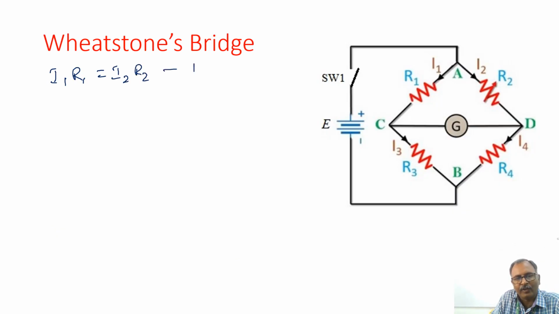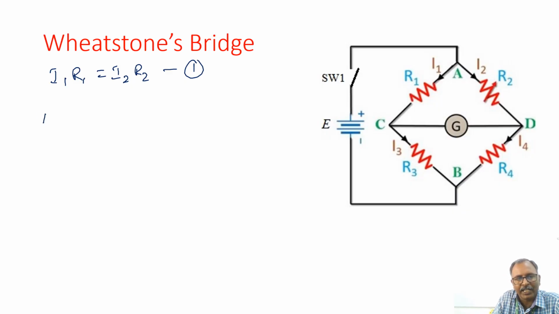This is the required condition for Vc to be equal to Vd. As there is no current flow in the galvanometer, R1 and R3 will be in series, R2 and R4 will be in series, and this R1 R3 series branch is in parallel with R2 R4 and in parallel with the voltage source.